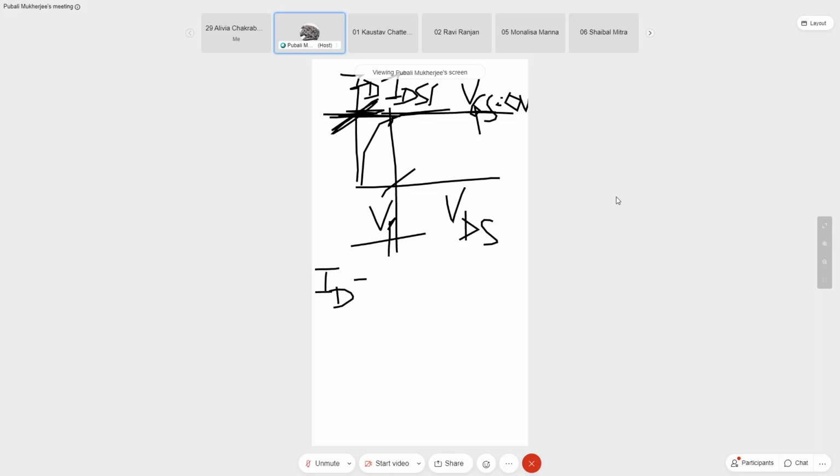ID is equal to IDSS into 1 minus VGS by VP whole square.